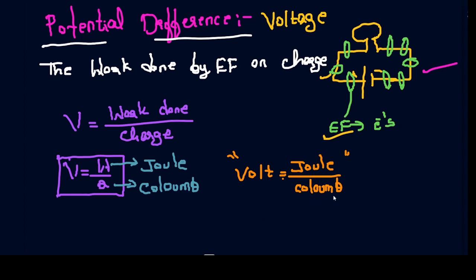So now the device which is used to measure this potential difference is known as voltmeter. Voltmeter is the instrument or a device which is used to measure the potential difference in between any 2 points. We always measure the difference between any 2 points, right?